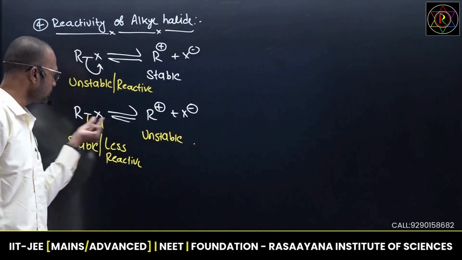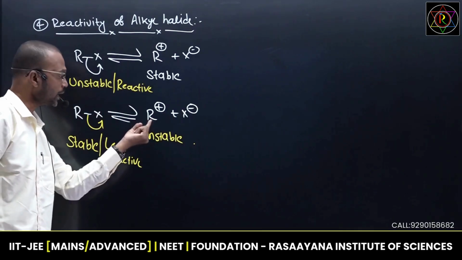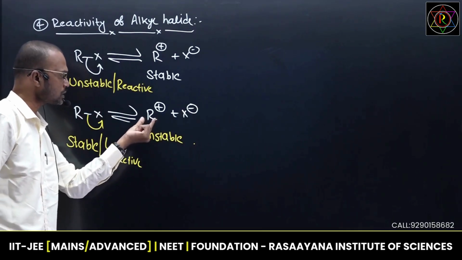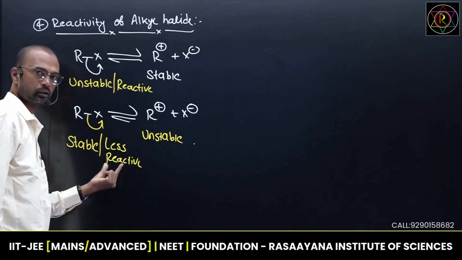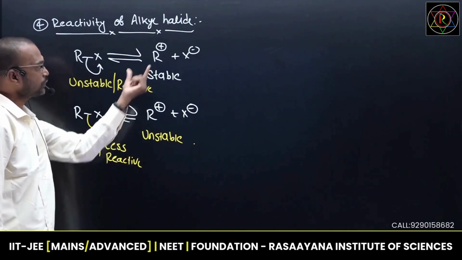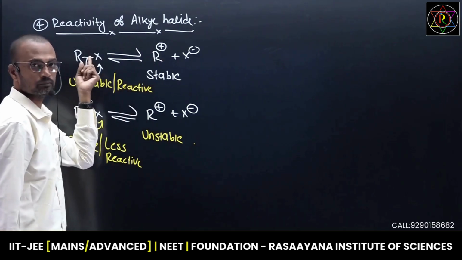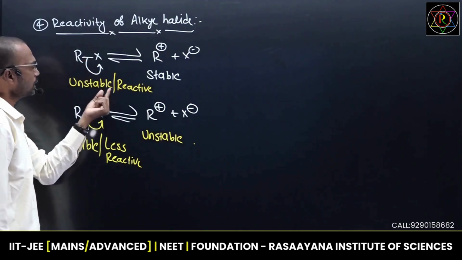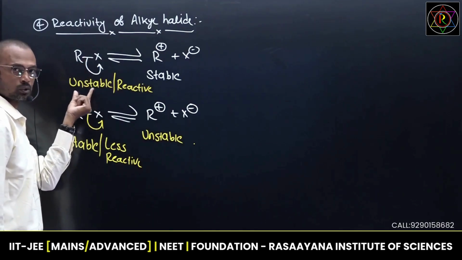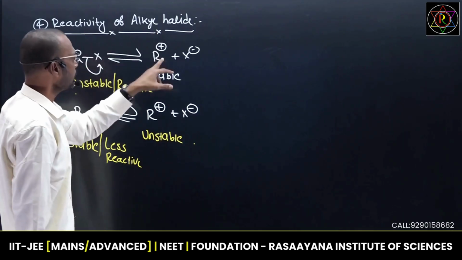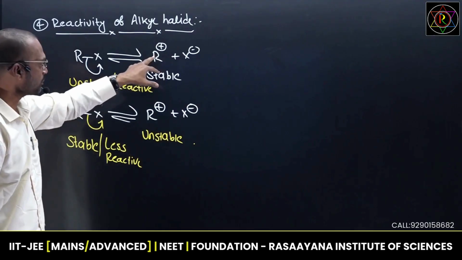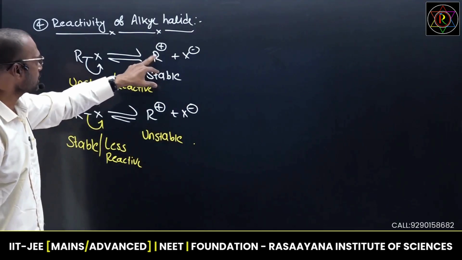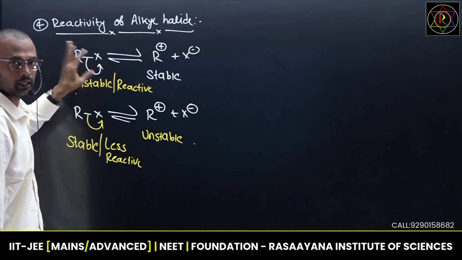If the formed cation is unstable, this bond is very strong. If it is very strong, not easy to break, less reactive. If cation is stable, bond is weak. So we can break it very easily. So remember, reactivity of alkyl halide always depends upon the formed carbocation stability. If it is forming a stable carbocation, it is an unstable alkyl halide.